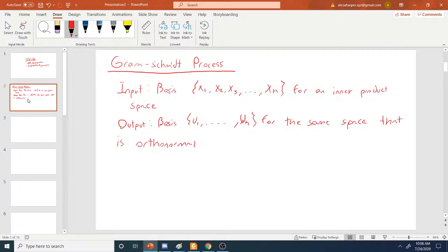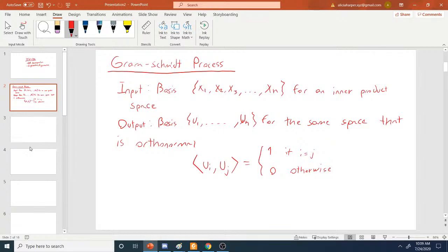And so let me review what this means practically. It basically means that by taking the inner product of ui with uj, we get 1 if i is equal to j, and we get 0 otherwise. So it's an algorithm that essentially has this input and this output.